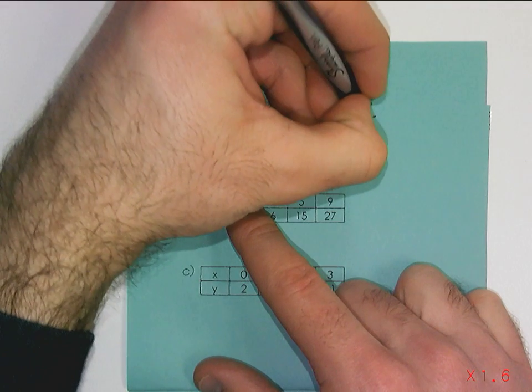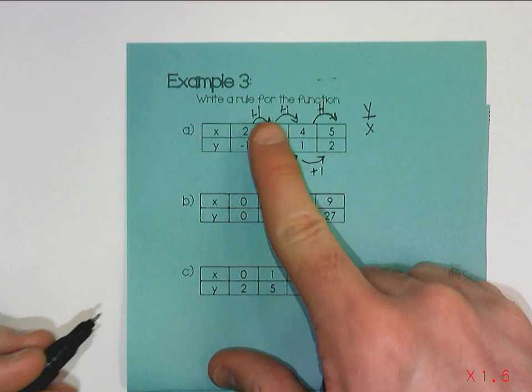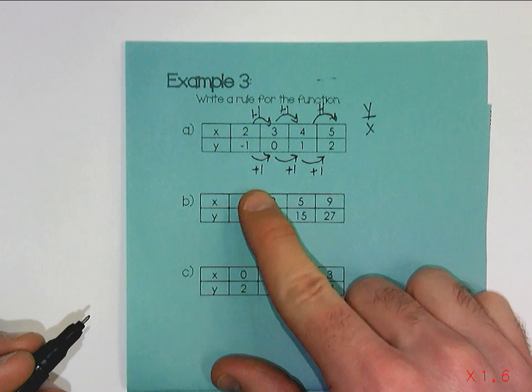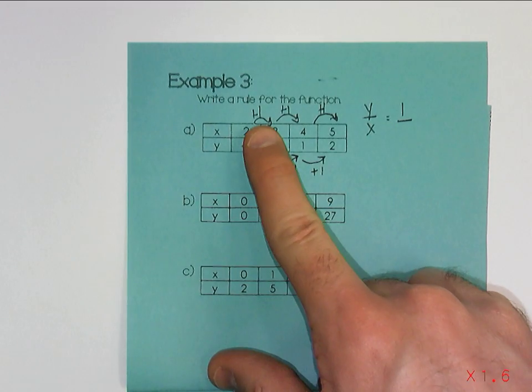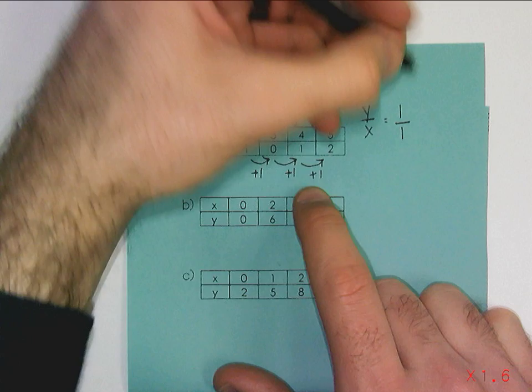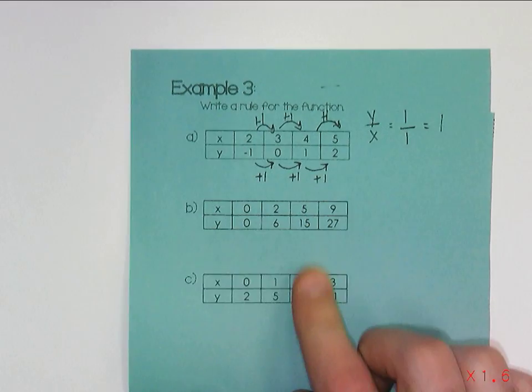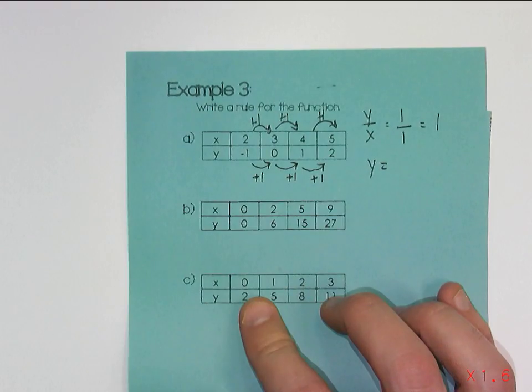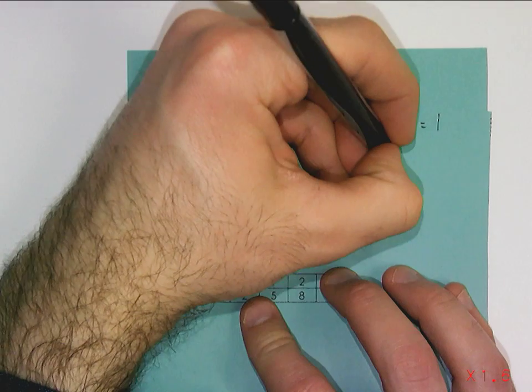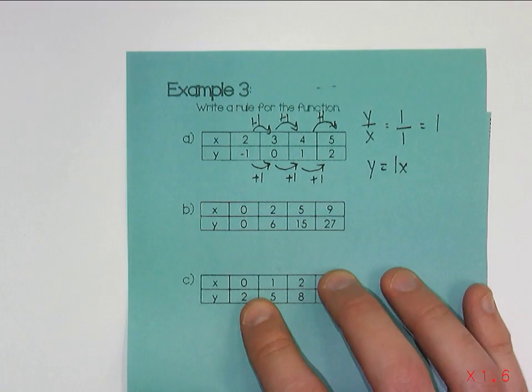So y over x. And in this case, this is increasing by 1 each time, so it would be 1 over... My x's are changing by 1 each time, and we can just call that 1. So we can say that y equals 1x, or we could just put x by itself.